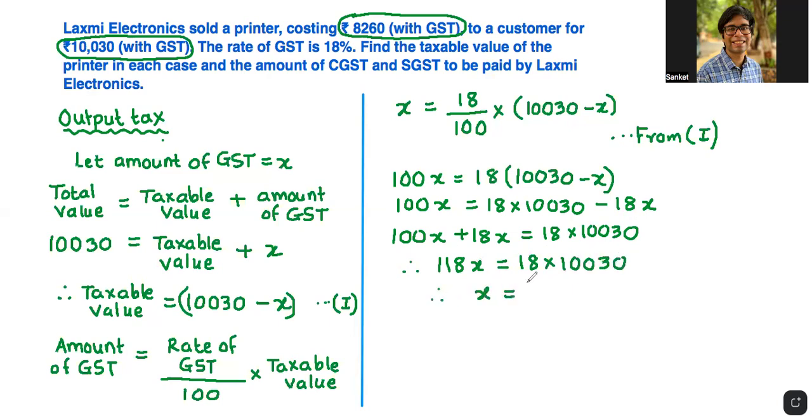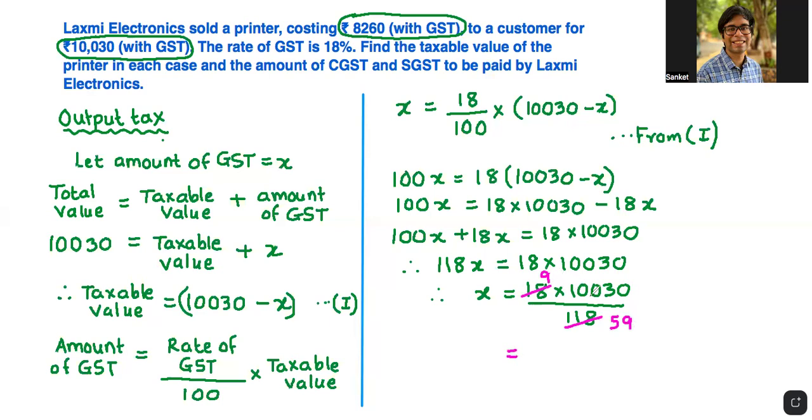Therefore, X is 18 multiplied by 10030 divided by 118. I can divide numerator and denominator by 2. So I get 9 upon 59. 59 is a prime number.